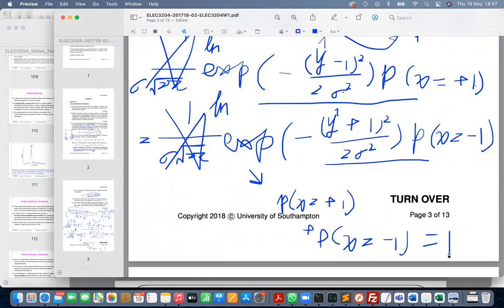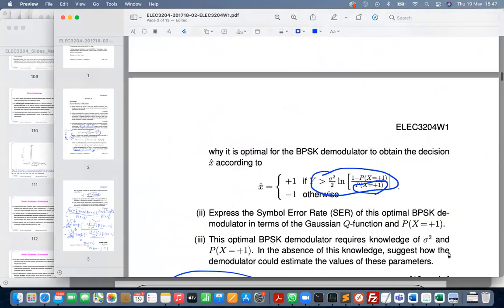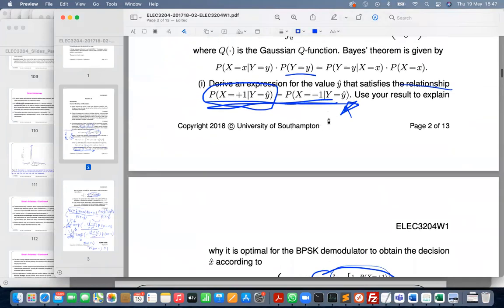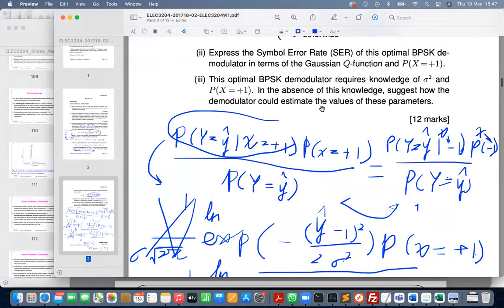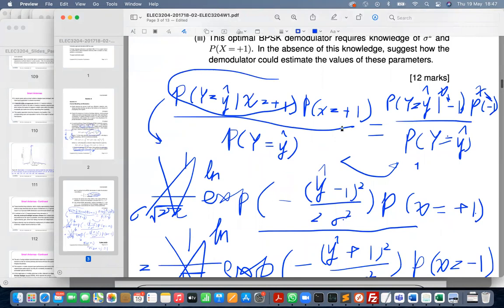So eventually you'll arrive here because the condition of this is the decision boundary. The decision boundary happens when the probability of transmitting a positive 1 and transmitting negative 1 are equal.